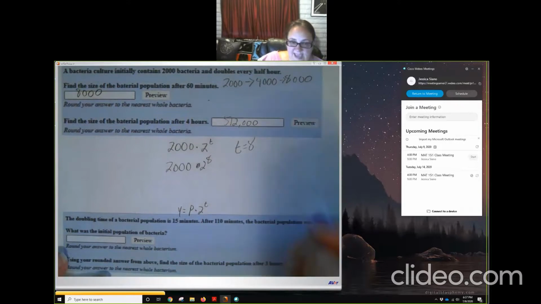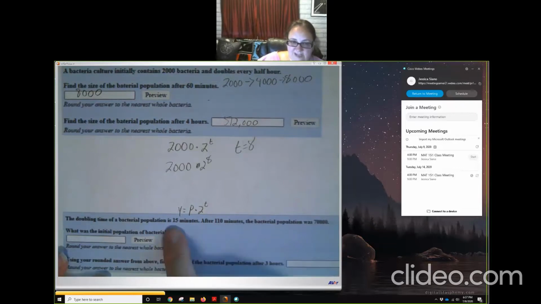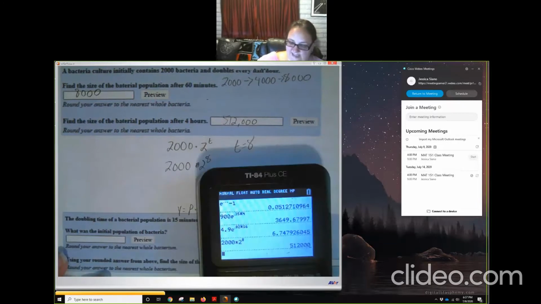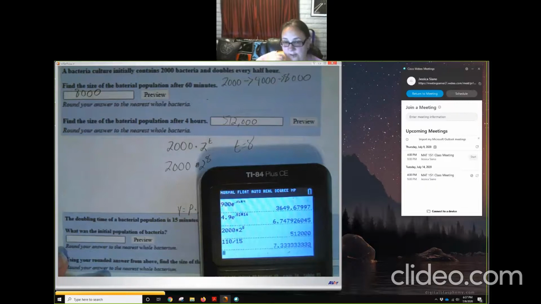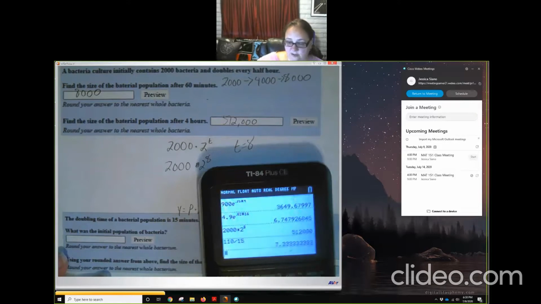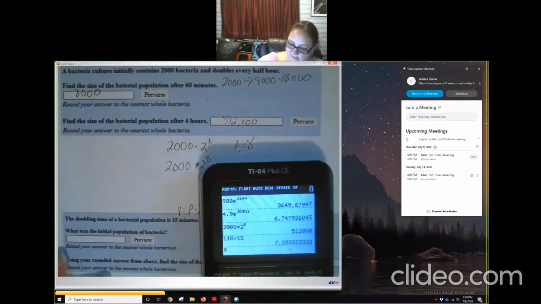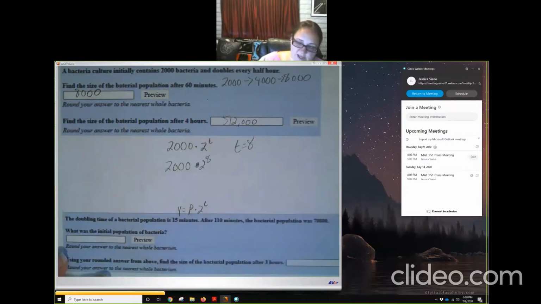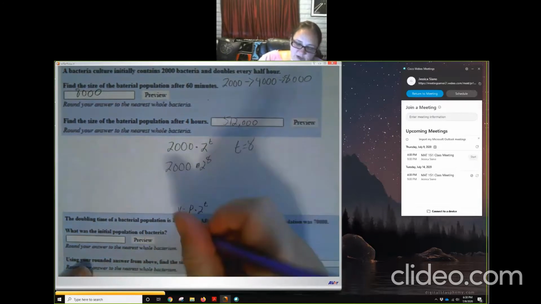And I'm going to say after 110 minutes, if it doubles every 15 minutes, then how many times has it doubled? 7.3, or let's do that in a fraction, that way it's precise, 22/3. So then it has doubled 7.3 times. We're on our way to an eighth double. So that's what we're going to use for our t.